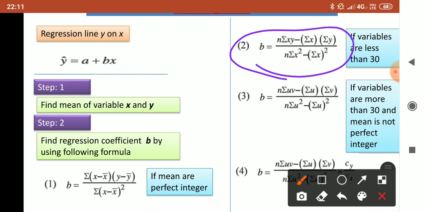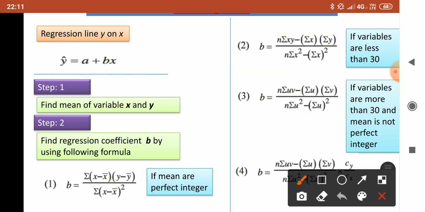First formula is when means are perfect integer: sigma x minus x bar, y minus y bar upon sigma x minus x bar square. If variables are less than 30, then n sigma xy minus sigma x into sigma y upon n sigma x square minus sigma x the whole square.